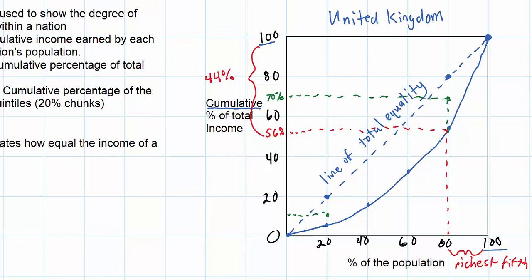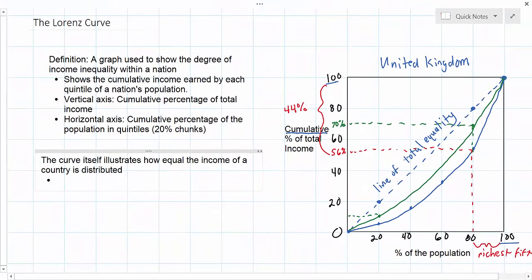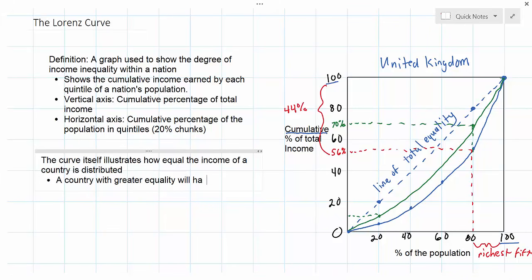That would put a point right here. A country such as this would have a Lorenz curve that was closer, not surprisingly, to the line of equality. The way I interpret this then is that a country with greater equality will have a Lorenz curve closer to the line of equality.